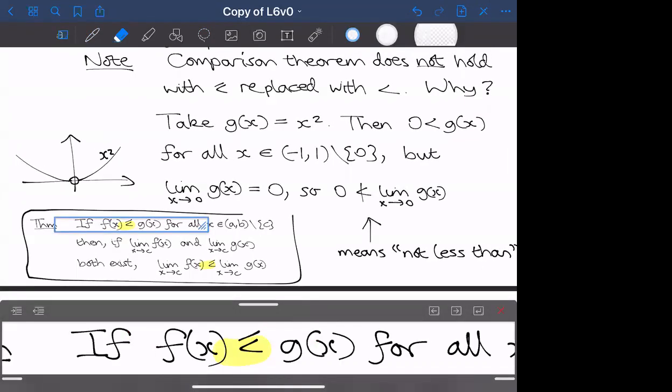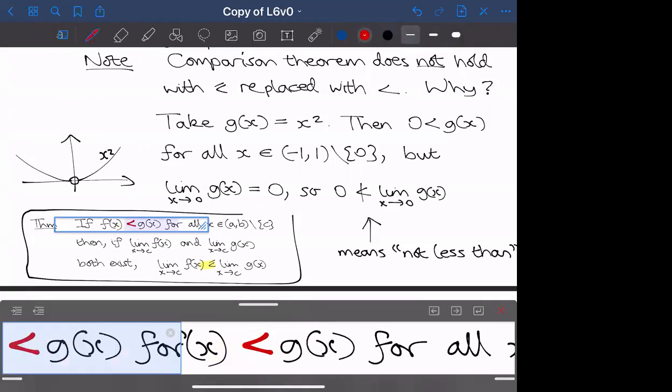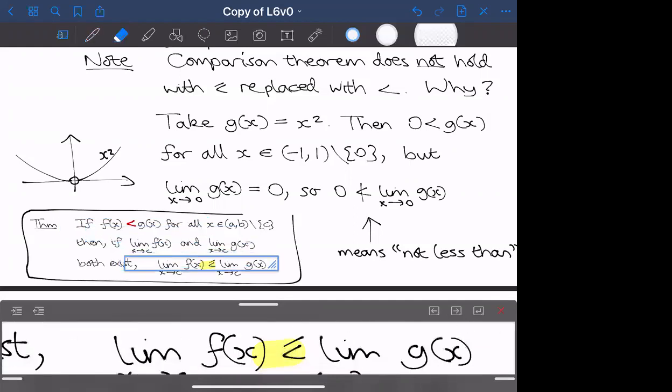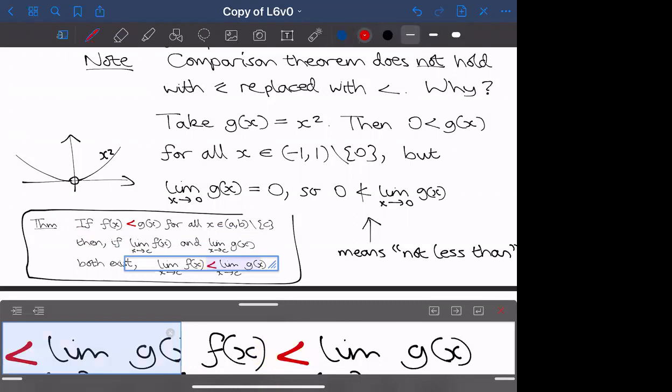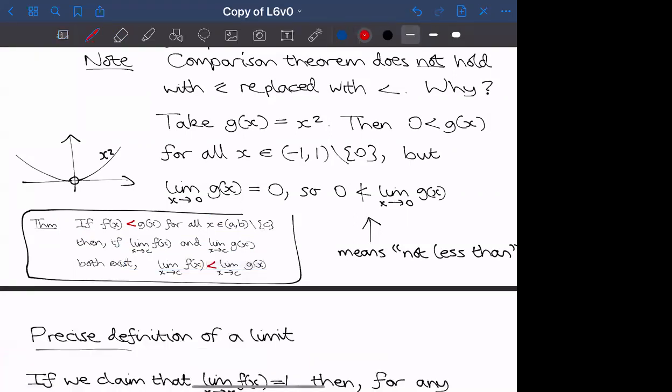The point I want to make is that if I replace less than or equal to with less than, an easy mistake to make, this theorem is not true anymore. So, not true. And why is that?